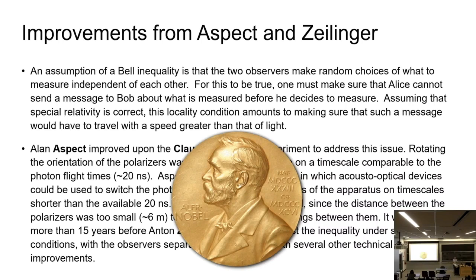This is what was awarded the Nobel Prize in Physics in 2022. It was given to Aspect, Clauser, and Zeilinger for experiments with entangled photons, establishing the violation of Bell inequalities, and pioneering quantum information science.